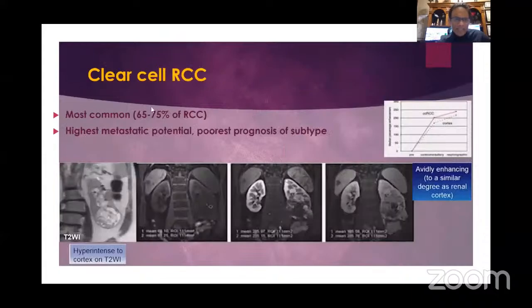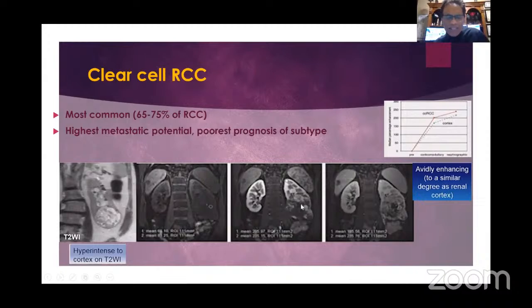For example, this is a clear cell carcinoma. This is probably typical, with areas of necrosis within it.